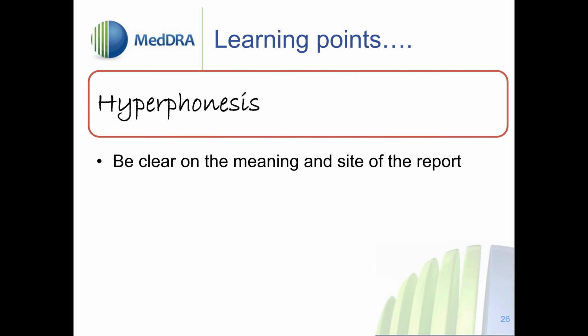So our learning point here is that it's important that we're clear on the meaning and the site of the report. And if you feel uneasy about that at any time, you can query the term. But ideally, we would have more information on exactly what's going on here. What does it mean? Do we have a diagnosis that's associated with it?